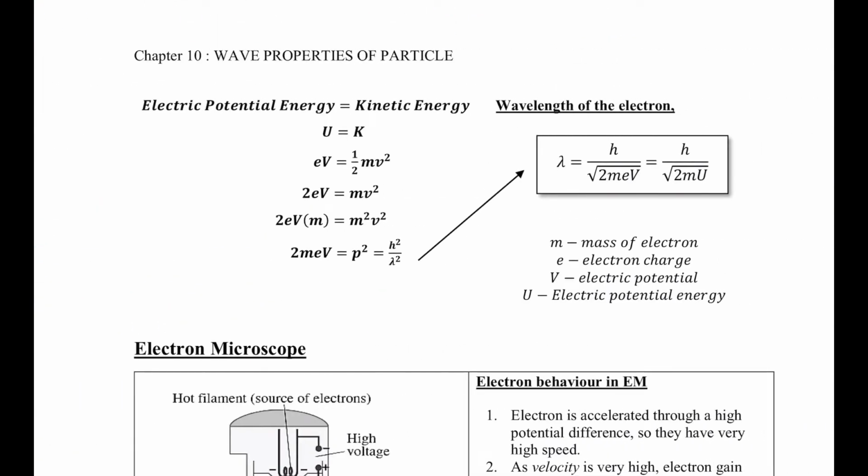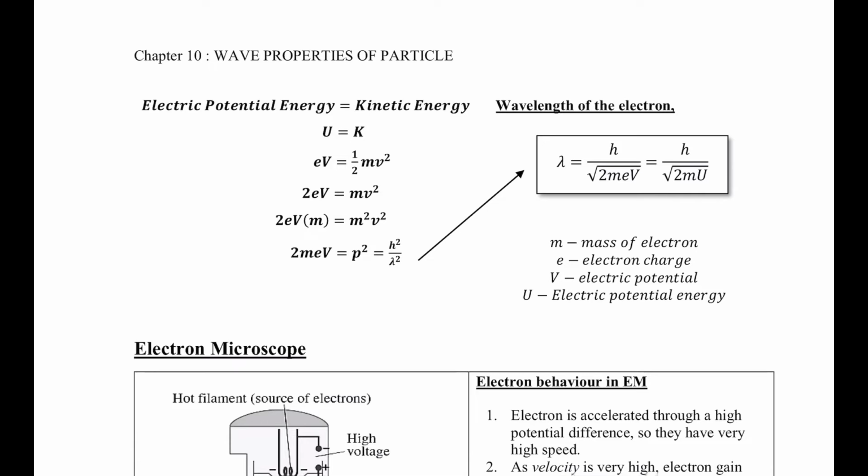So kita kat sini kita ada electric. So apa equation yang kita ada? Tadi kita lambda equal to h over p ataupun lambda equal to h over mv. So dekat sini basically what happened during the Davisson-Germer experiment. So elektron kita lepaskan. Okay, bila dia lepaskan, dia lalu dekat potential difference between anode dan cathode.